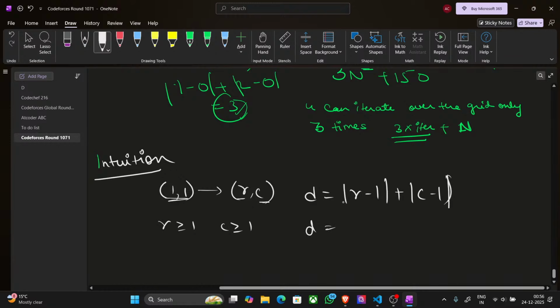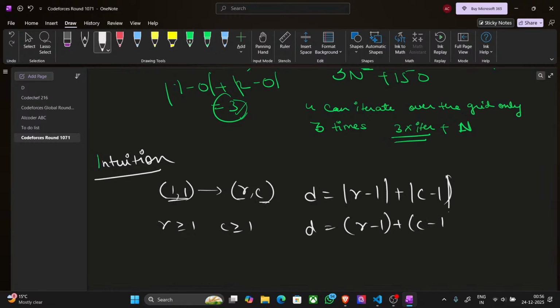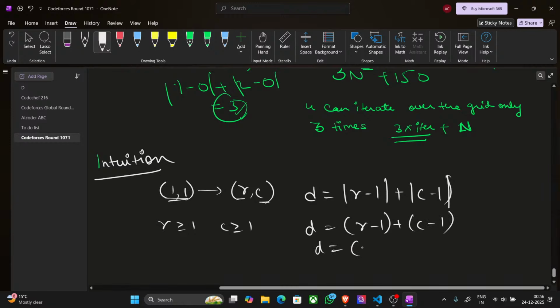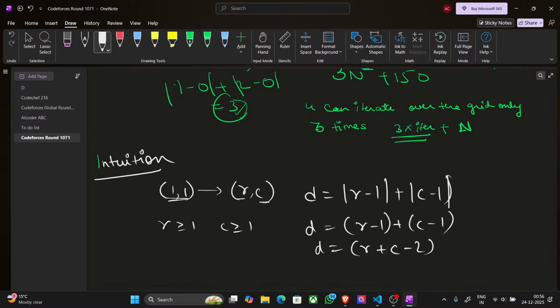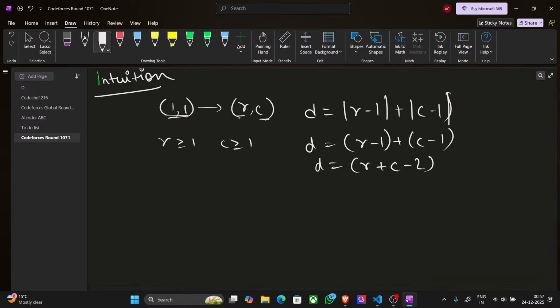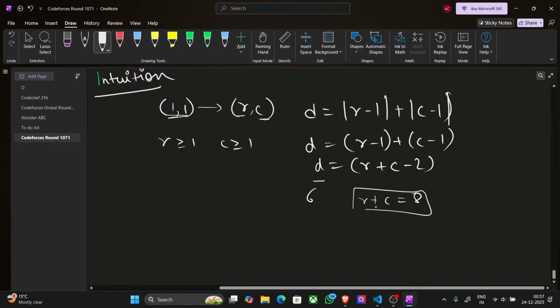So I can remove these modulus signs and write R minus 1 plus C minus 1, or my distance will be R plus C minus 2 for each penguin. If I query from 1, 1 and I get any distance, say 6, then the sum of R plus C will be 8. Then any R or any C can be possible.